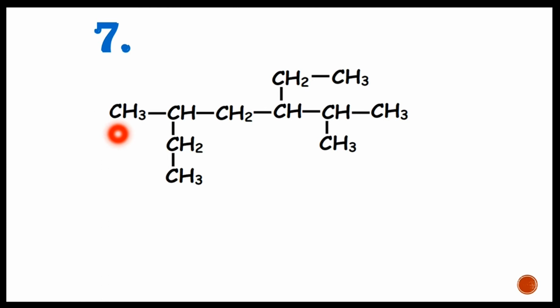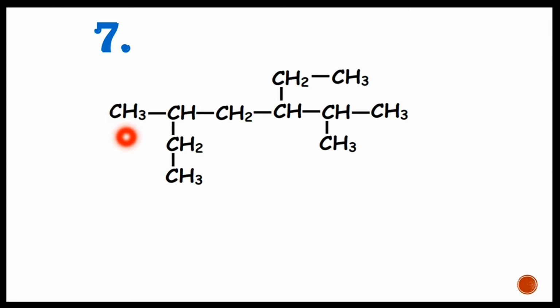So we have 2 substituents. If you start counting from here, 1, 2, 3, 4, 5, 6, 7. Okay, is there another way to count to see if you have a longer chain? Let's count 1, 2, 3, 4, 5. Let's go straight, 6, 7. When you go that way, we are having 1, 2, and 3 as our substituents.